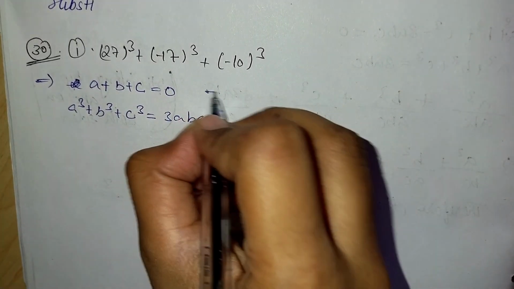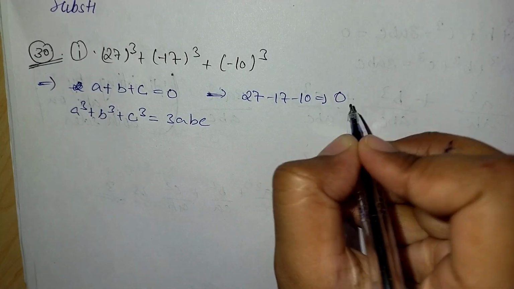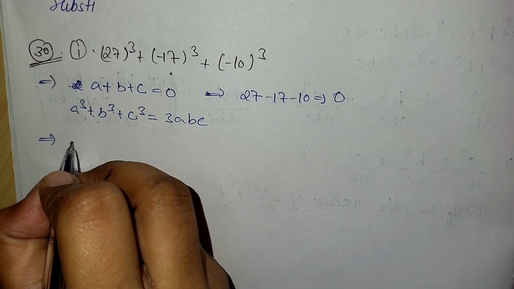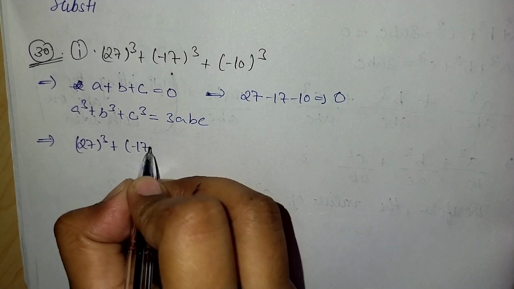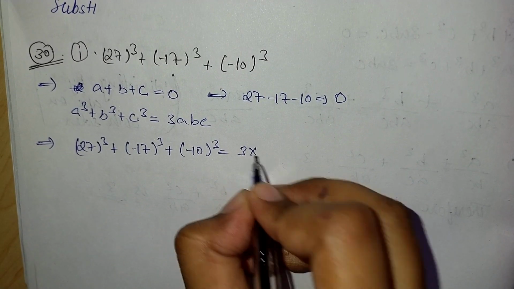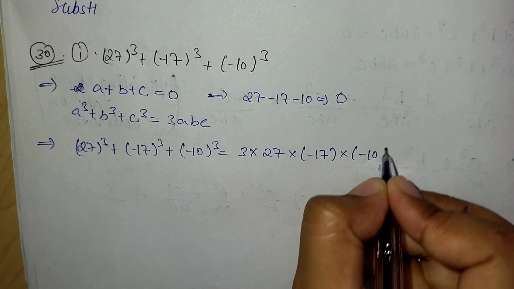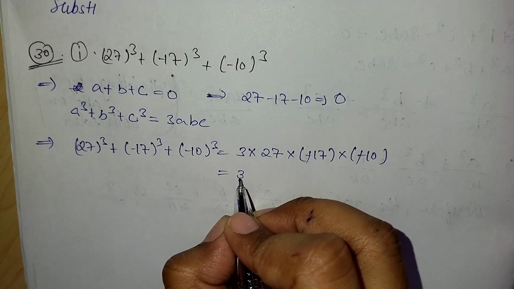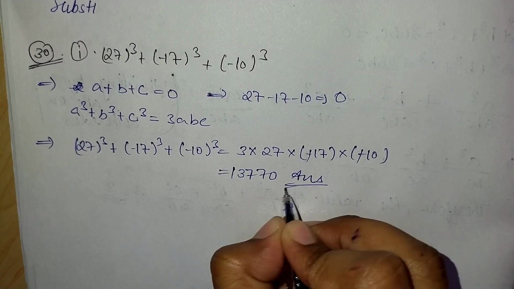So here we have 27 minus 17 minus 10 equal to 0. So on solving, we will get 27 whole cube plus minus 17 whole cube plus minus 10 whole cube equal to 3 into 27 into minus 17 into minus 10. So we will cancel out the minus signs from here. We will get 1377 as the answer in this question.